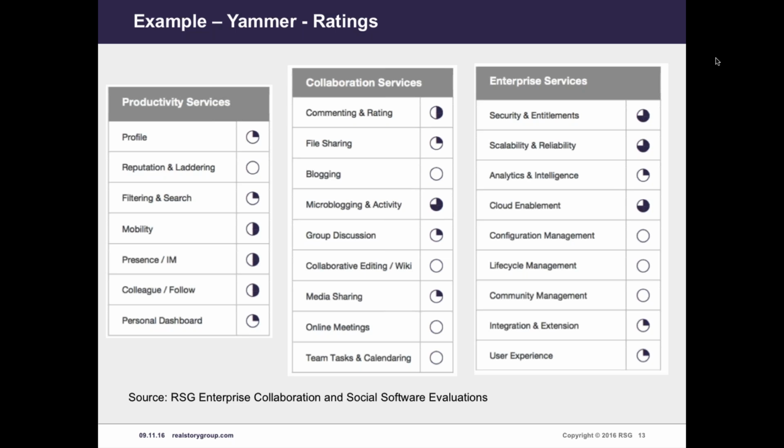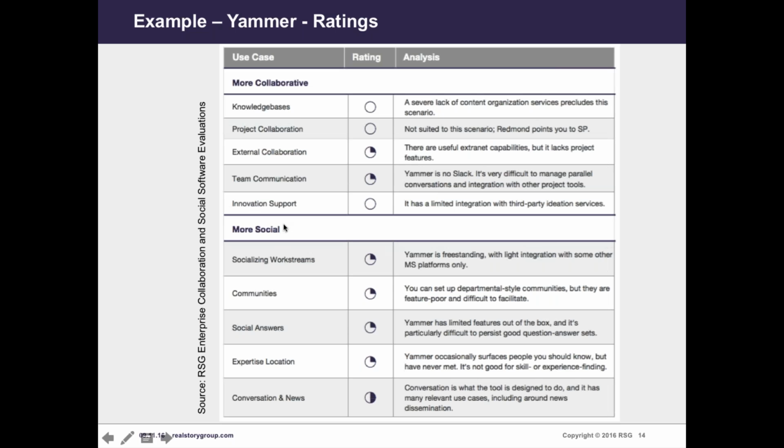The user experience is not very customizable, although it is localized across an impressive number of languages. So Yammer gets kind of mixed reviews there. The more interesting thing about Yammer is when you start lining it up against these use cases that I talked about before. And here's where I think you see the essence of the tool in a business context.